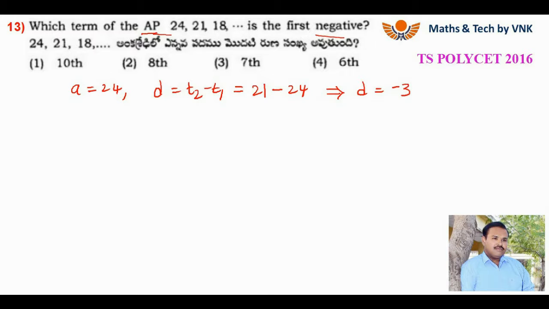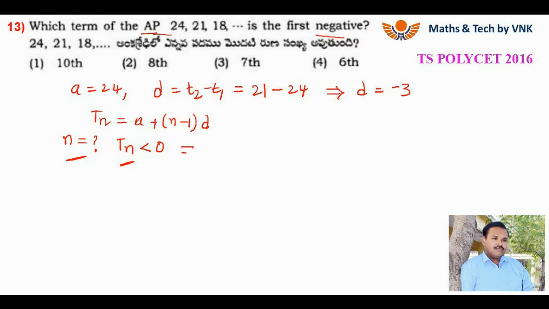The nth term of the arithmetic progression is Tn is equal to a plus n minus 1 into d. So we have to find the smallest n value for which the nth term becomes negative. That is the first negative in the given series.